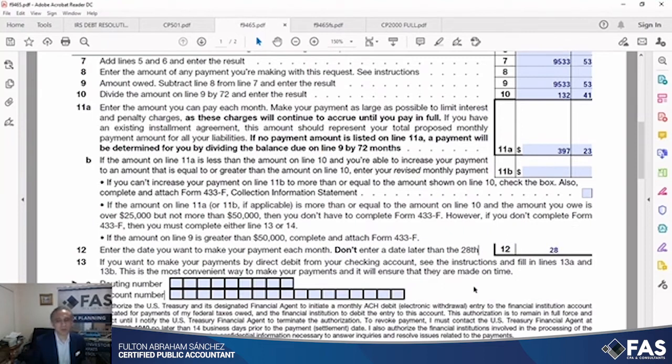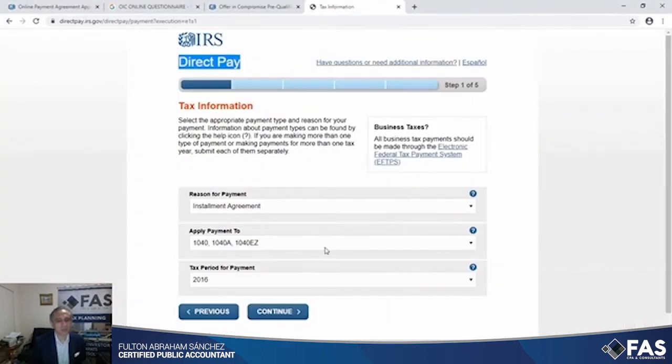So on the 28th of the month, I am going to go online to irs.gov/payments. I am going to select the direct pay. I can also pay with a credit card, same information, and I will use this for my first payment.